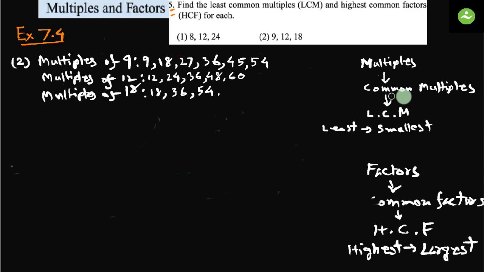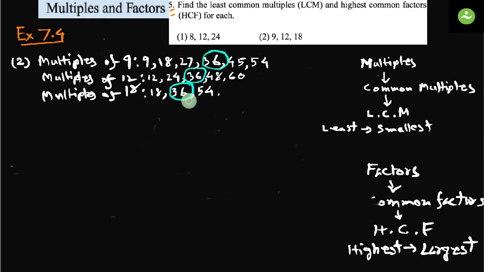Now next step, common multiples. Which are the common multiples? Let us mark the common multiples here. 9 is not common. 18 is not common. So it is 36. Yes, 36 is common: 36, 36 and 36.